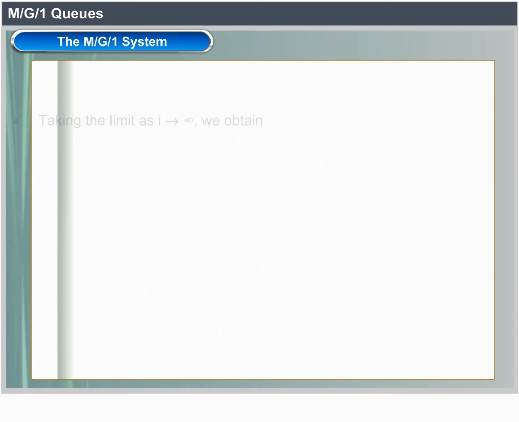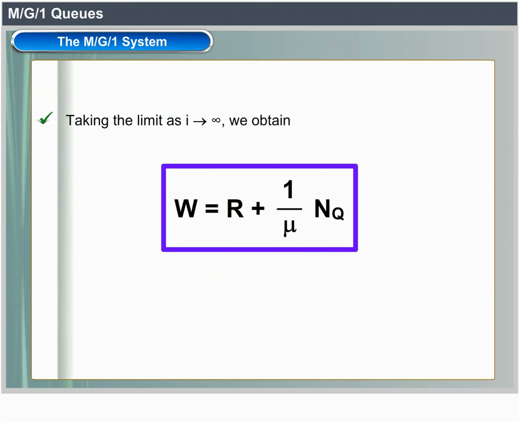Taking the limit as i tends to infinity, we obtain W is equal to R plus 1 by mu NQ, where R is the mean residual time defined as R is equal to the limit as i tends to infinity of E of Ri.